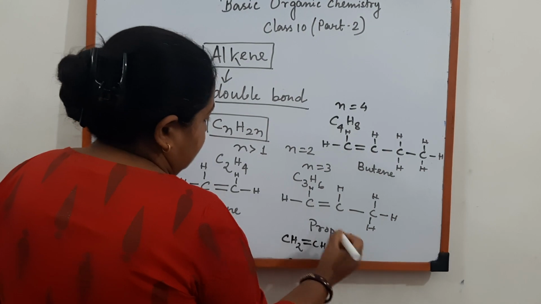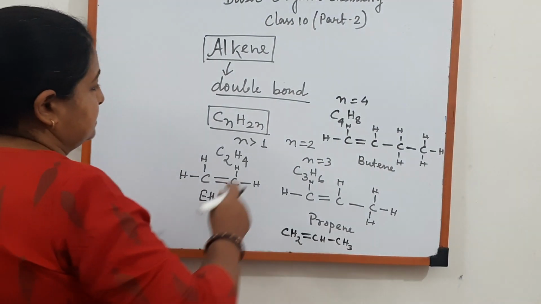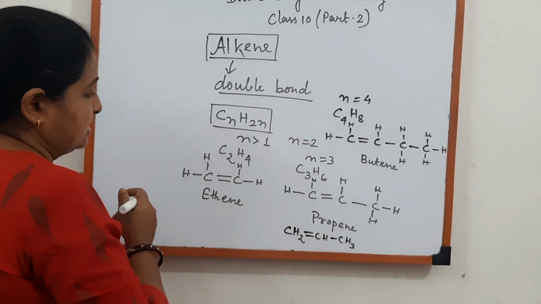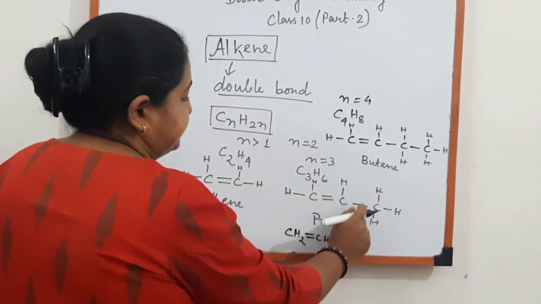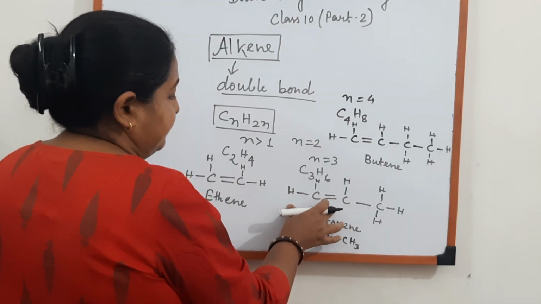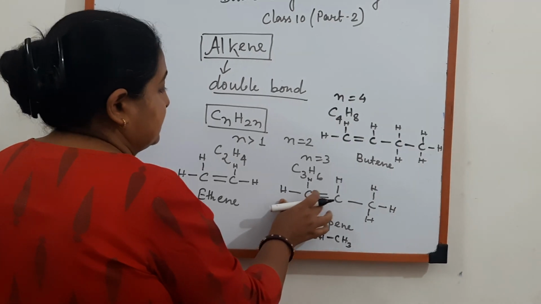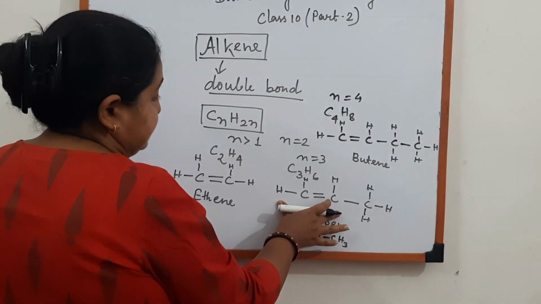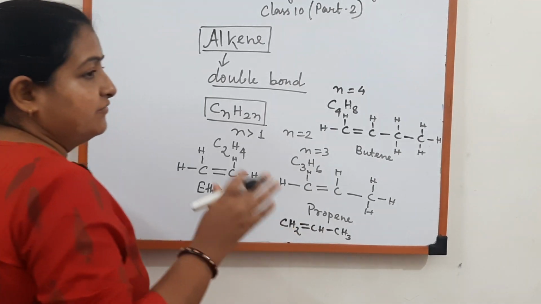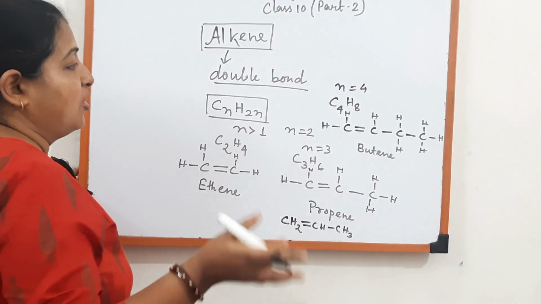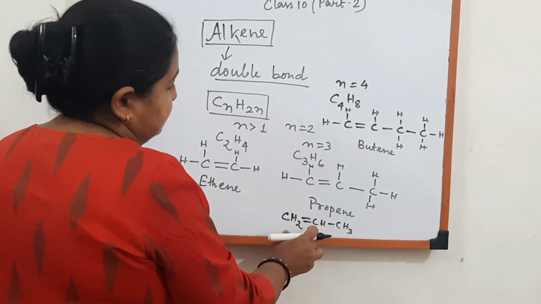CH3. But you are just learning to write the structure. So if you are getting confused, break this pattern and write this correct form, because this is the complete structural extended form, but it is somehow condensed. When we are writing equations or reactions, we will write in this pattern.